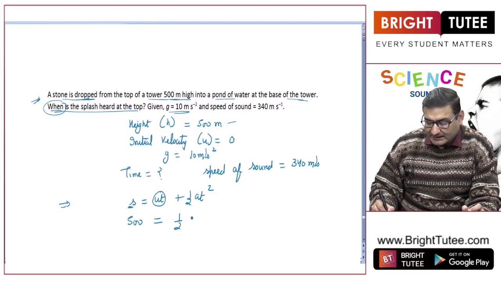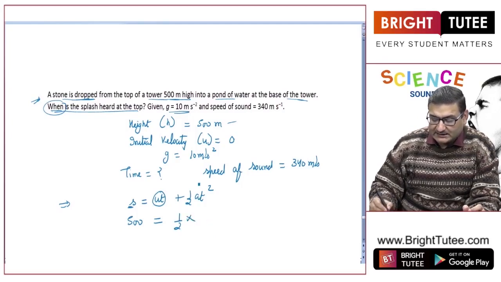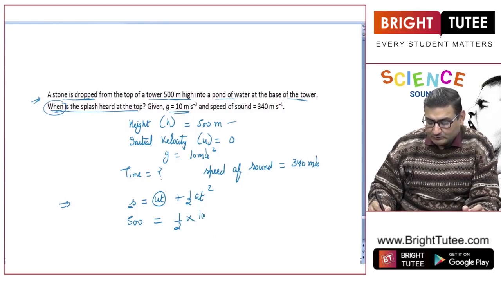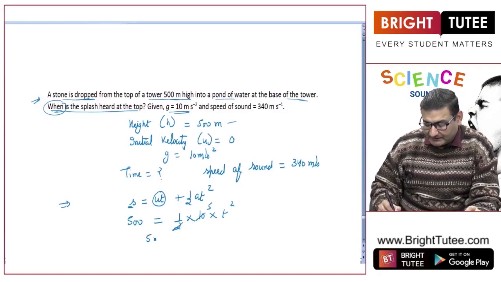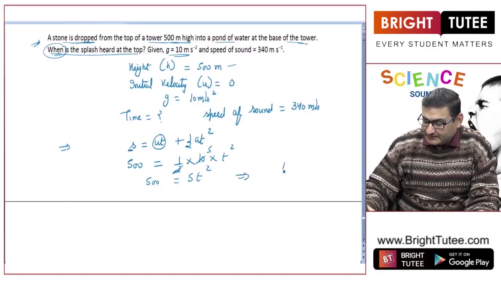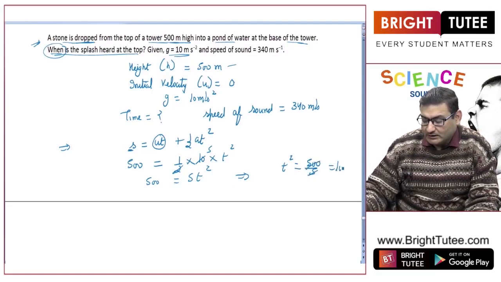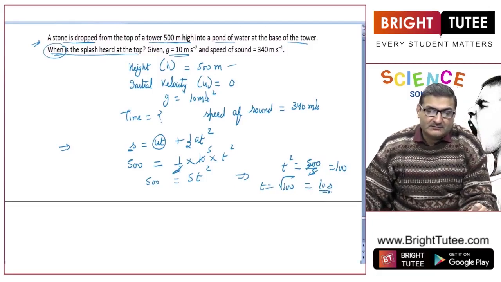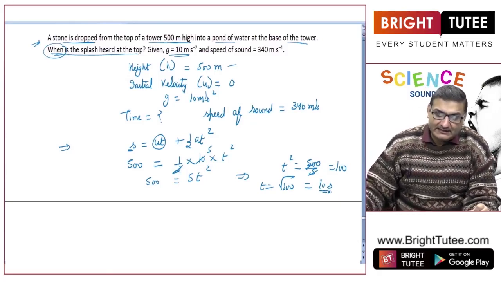So, I am left with half into a, the acceleration due to gravity, which is given to be 10, multiplied by t square. Cutting up, I am left with 500 is equal to 5t square, or this gives me t square is equal to 500 upon 5, or 100. So, t will be the square root of 100, which comes out to be 10 second. So, the time comes out to be 10 second.